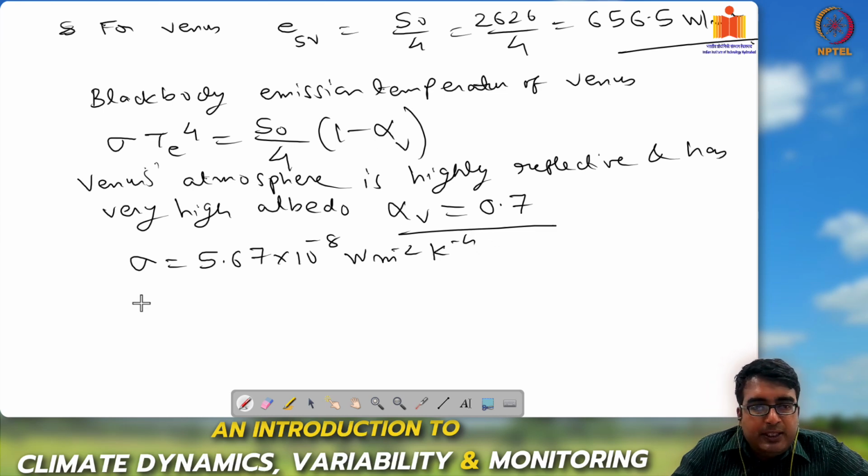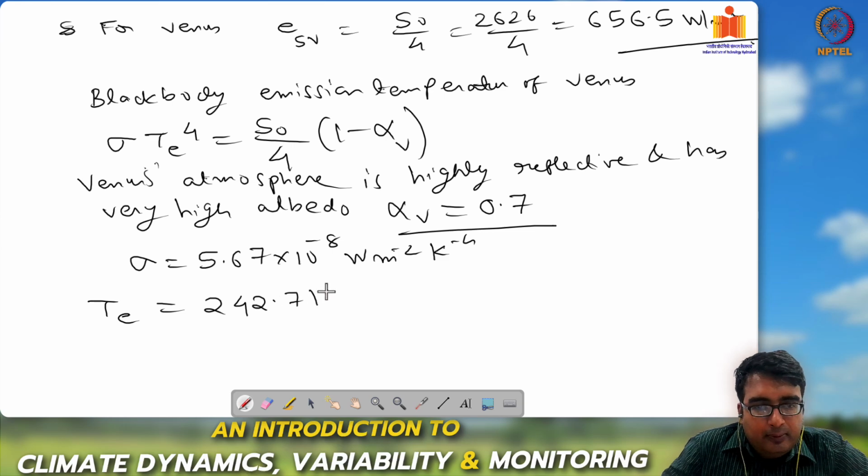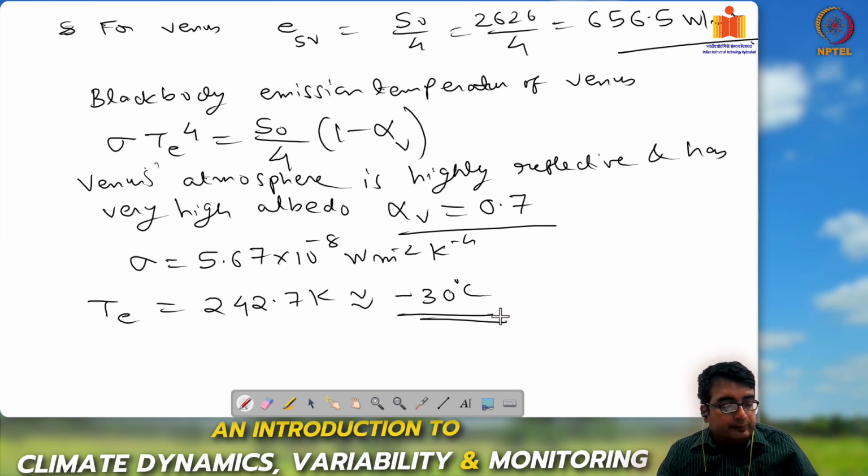So if you put all of these values, the black body emission temperature of Venus is found to be 242.7 Kelvins, which is approximately minus 30 degrees. Note, the black body emission temperature of Earth is much higher than this. It's around minus 18 degrees.